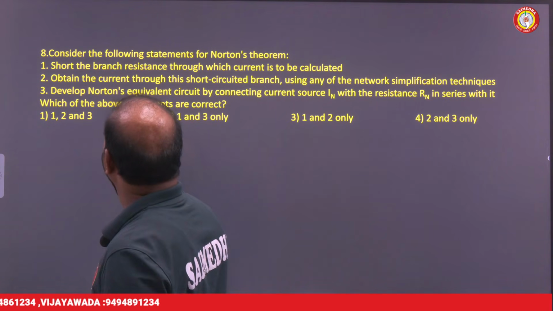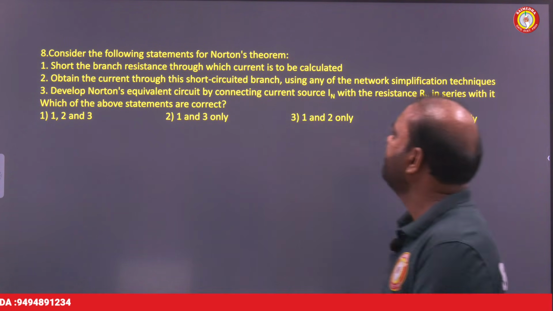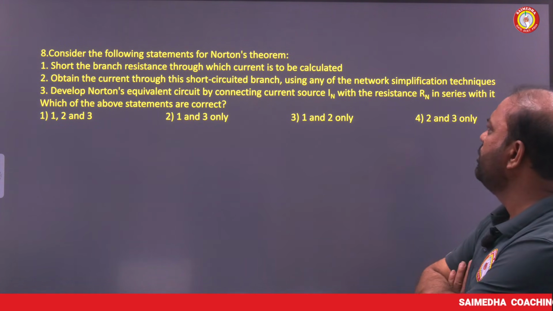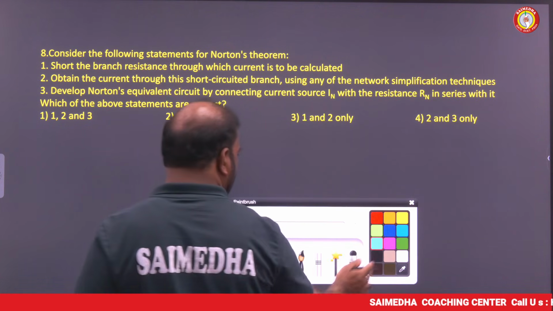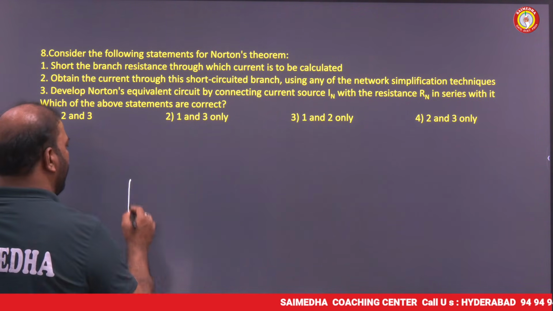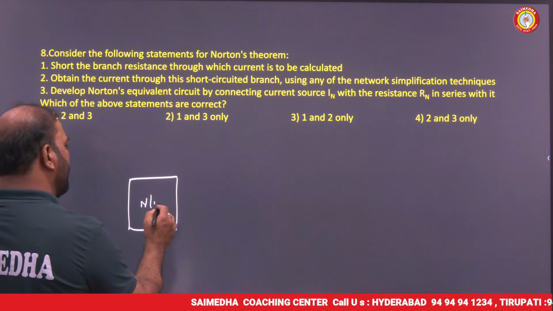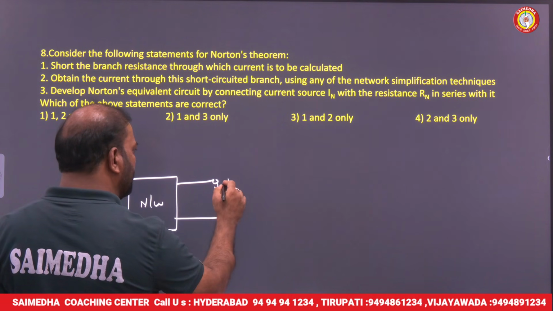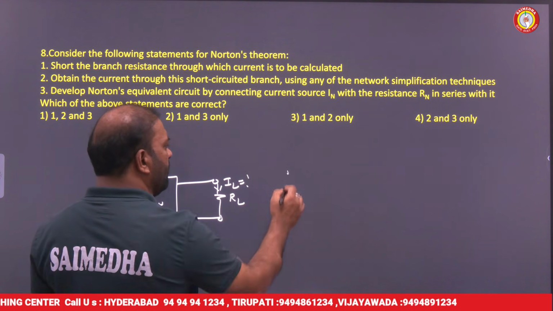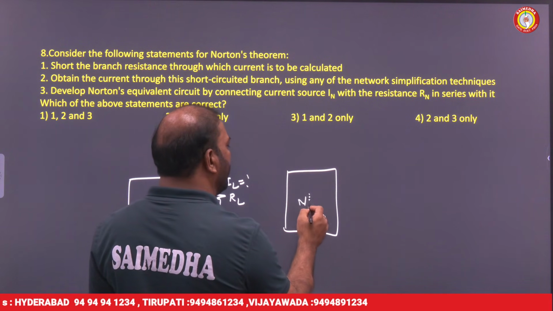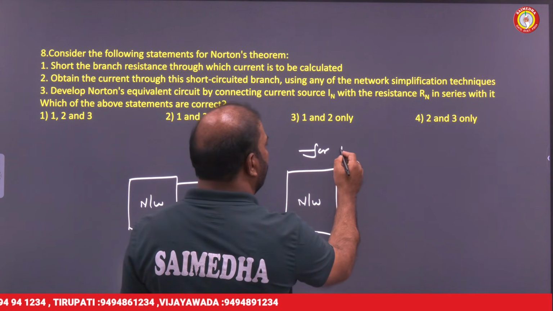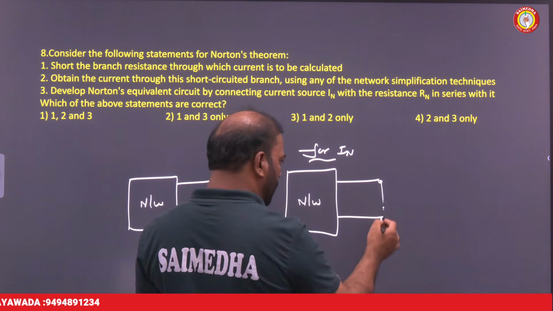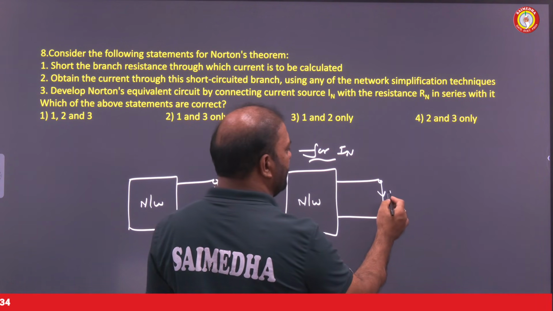My friends, consider the following statements for Norton's theorem. Short the branch resistance through which current is to be calculated. Yes, in case of Norton's theorem, if it is the network and you want to find the current through this one, for finding Norton's current we are removing the load resistance, shorting the load terminals and finding the current here.